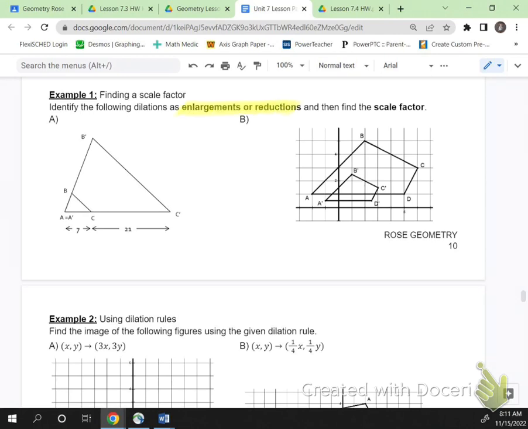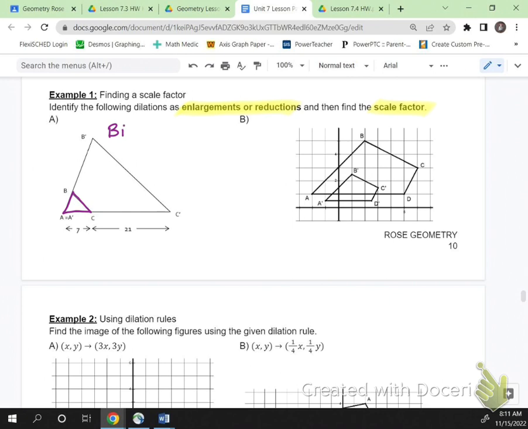So, first off, we should probably identify what's the preimage and what's the image. This shape looks a little crazy because I've got a triangle within a triangle. Where's the preimage? Little triangle. It's this little guy. It's ABC. Okay. Has it enlarged or reduced?